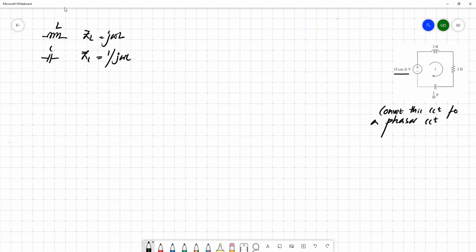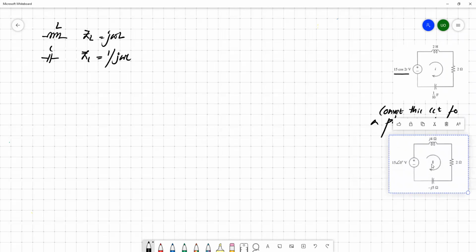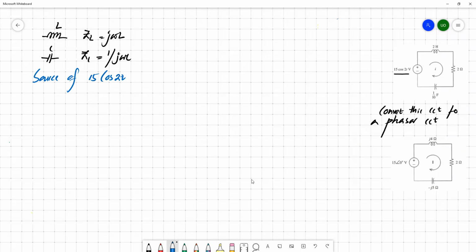Okay. So this is the way we can convert it. So this is the circuit. So we have a source of 15 cos 2t.